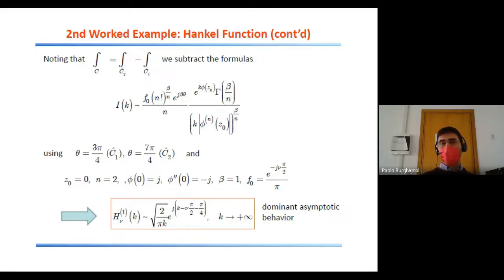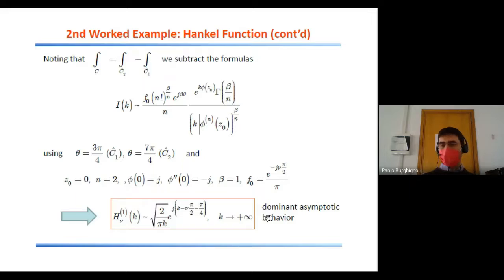So if, as is typical in engineering, you choose an e to the plus j omega t convention, then it's this first order Hankel function that represents inward waves. Physicists typically use the opposite convention in time, so they have e to the minus i omega t, and therefore for them the Hankel function of first type is an outward wave.